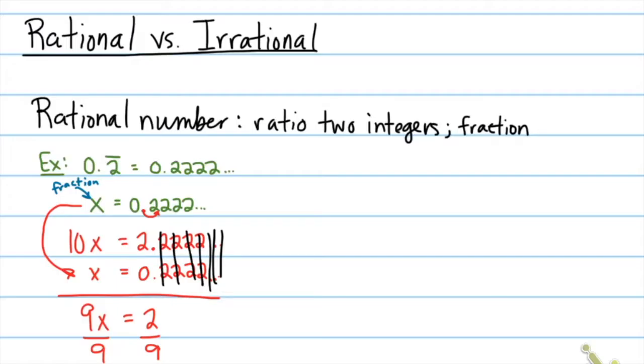Okay. Let's look at another example. Let's say I've got 2.141414..., which is the same thing as 2.14 with the 1 and the 4 repeating.